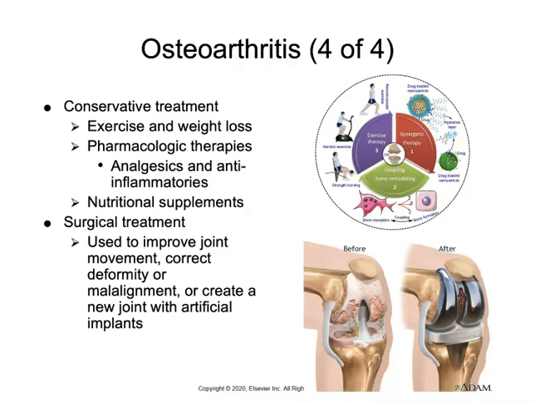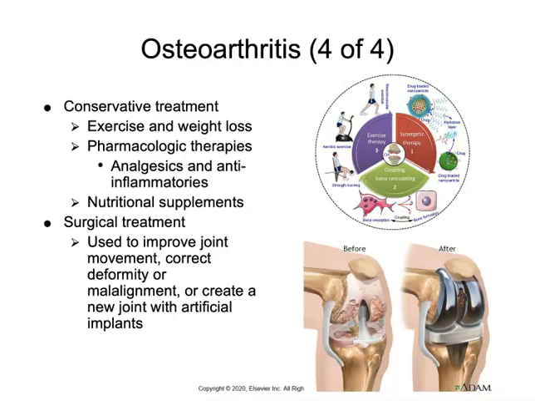They have been shown to be more effective than acetaminophen, but it has more side effects. We can also use topical NSAIDs that would give us fewer systemic effects, and we can utilize corticosteroids or hyaluronic acid injections for any acute pain.